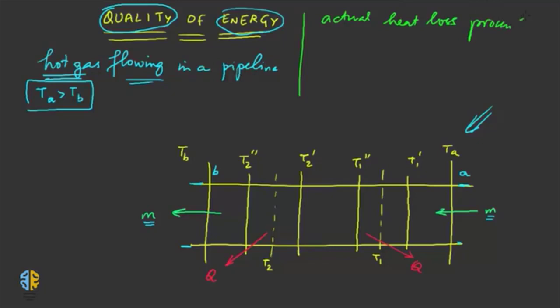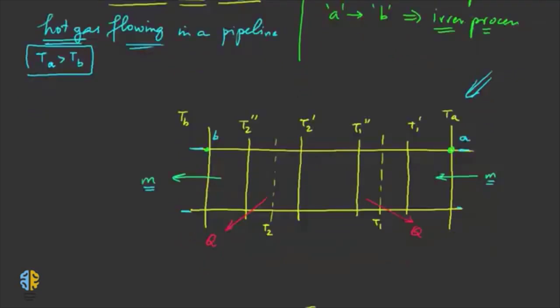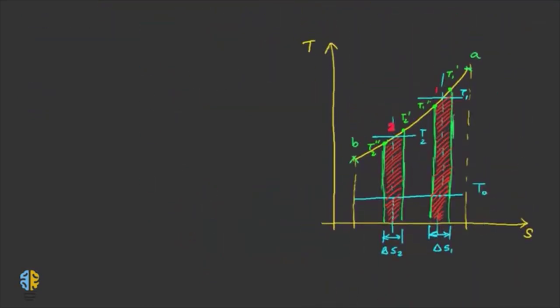We are assuming it to be a reversible isobaric process between the inlet state and the outlet state, and this figure shows that between state A and state B you have a reversible isobaric path. This line on the TS plot represents an isobaric path.